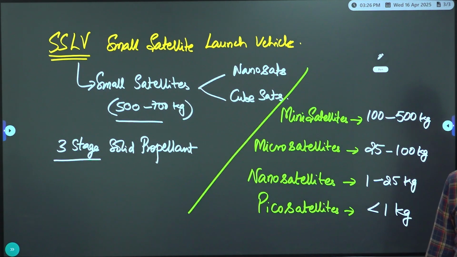Micro satellites 25 to 100 kgs. Nano satellites 1 to 25 kgs. And pico satellites less than 1 kg. So these are the types of satellites based on weight.